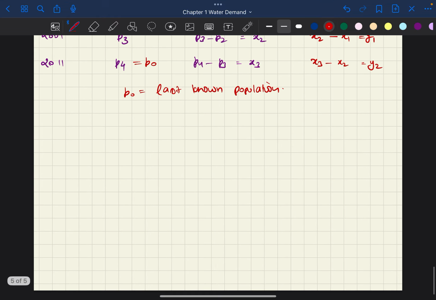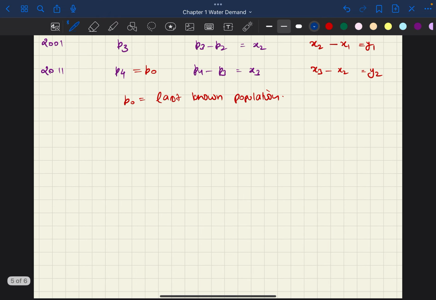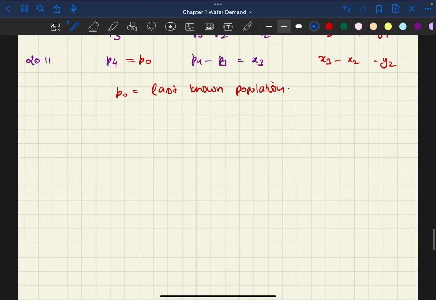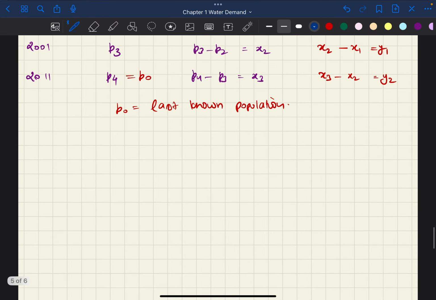So I'll be giving an example so that you can understand. Say this is population: 2, 4, 7, 9, 13, 19. So what will be x? 4 minus 2, 2. 7 minus 4, 3. 9 minus 7, 2. 13 minus 9, 4. 19 minus 13, 6.